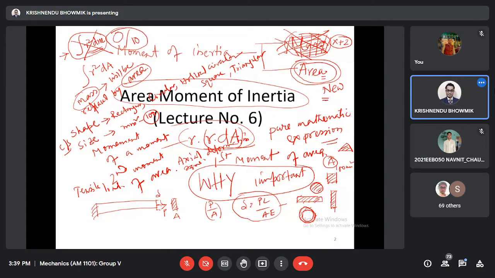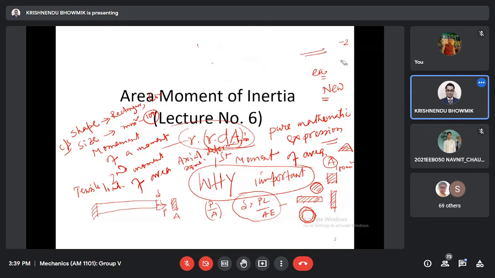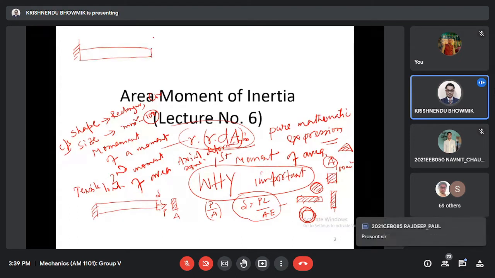Now, let's consider another case. Say this type of loading P, we call bending load.